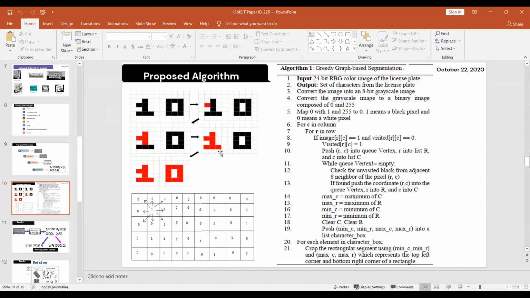So using these 2 points, we can easily isolate a character from the license plate. We'll scan the whole matrix and keep all those minimum row, maximum column, all that information in an array. And at the very end, using that information, we'll crop the characters from the original image.